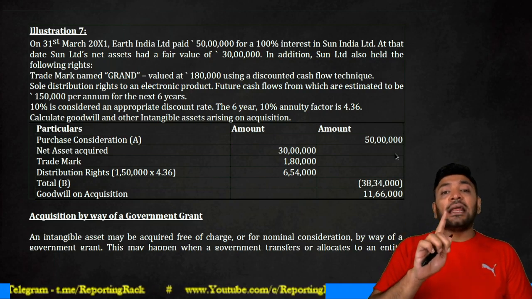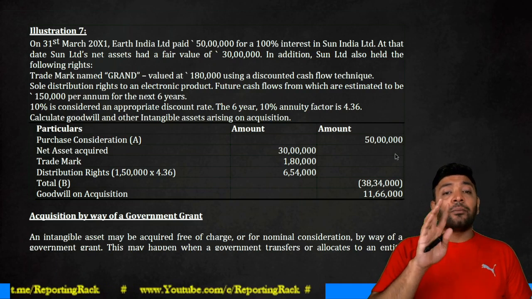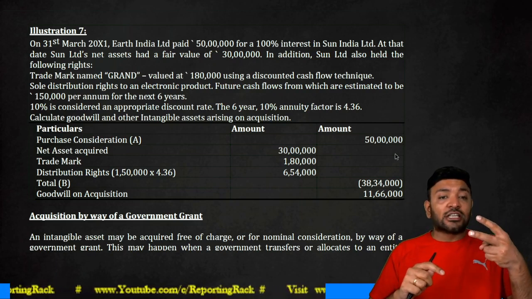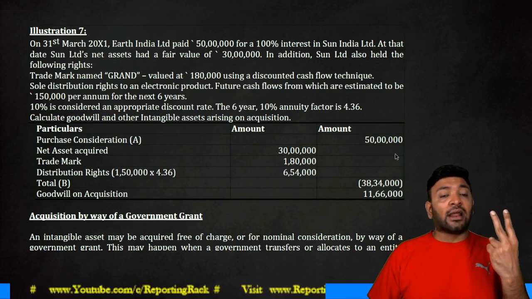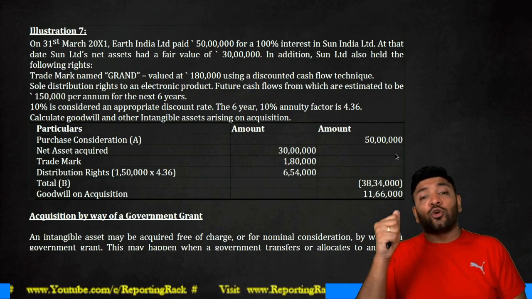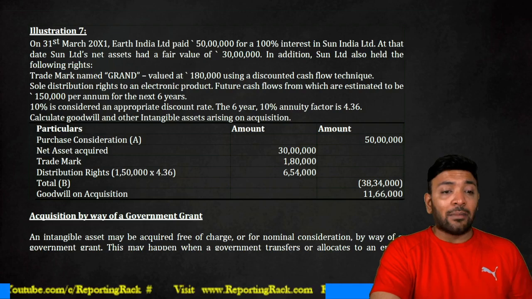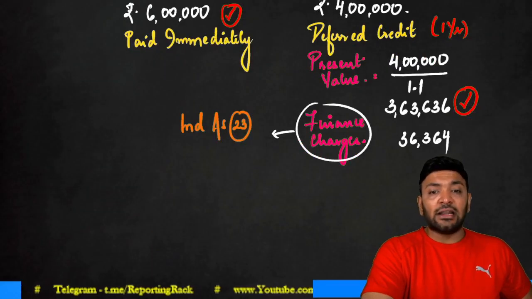So you will only recognize goodwill to the extent an intangible asset is not separately identifiable. These two assets, trademarks and sole distribution rights, since they are separately identifiable in the books of the acquirer, you have to make sure that the goodwill is reduced. We did look at this logic. I don't know how many of you remember this, but when we came up with the logic of separate acquisition, we did look at this logic.